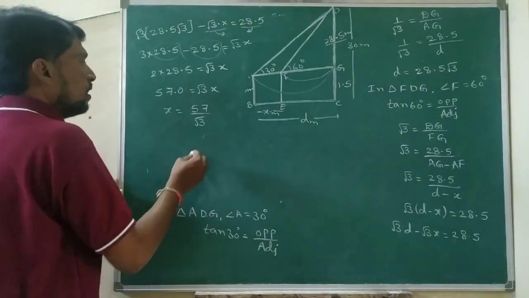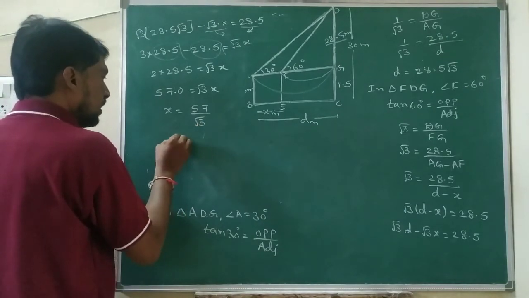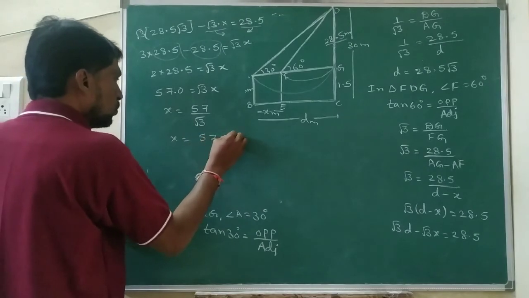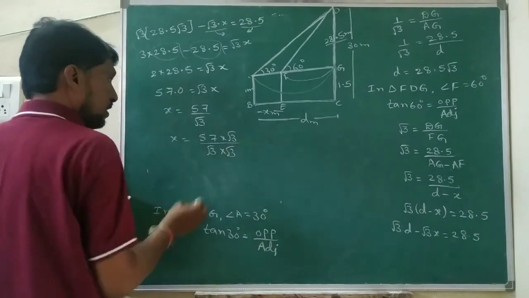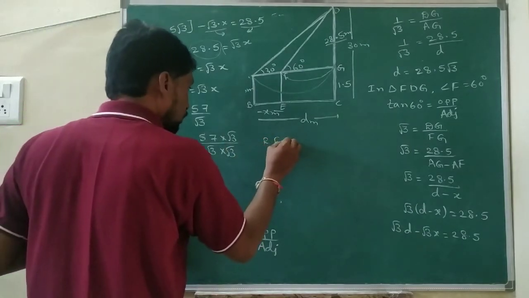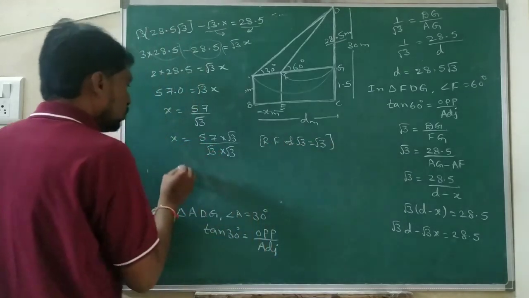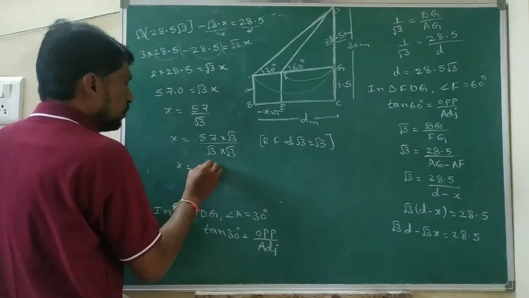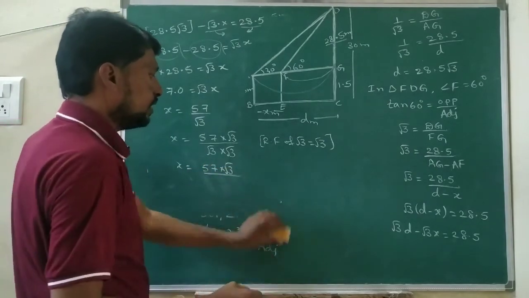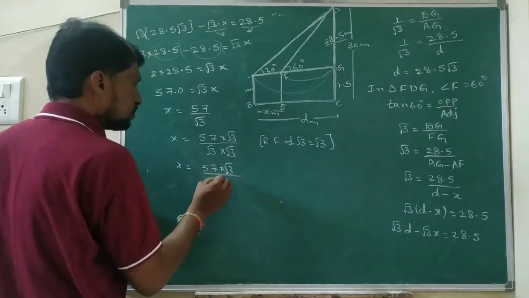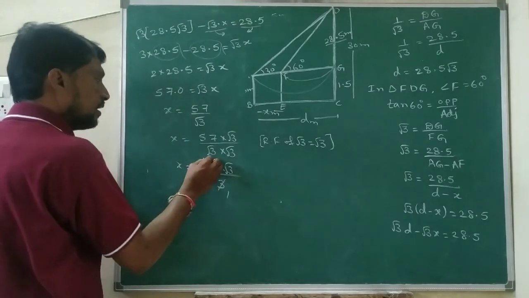Here we need to take the rationalizing factor. What is the RF of root 3? Root 3 only. X equals 57 into root 3 by root 3 into root 3. RF of root 3 equals root 3. So X equals 57 into root 3 by 3. 3 into 19 is 57.